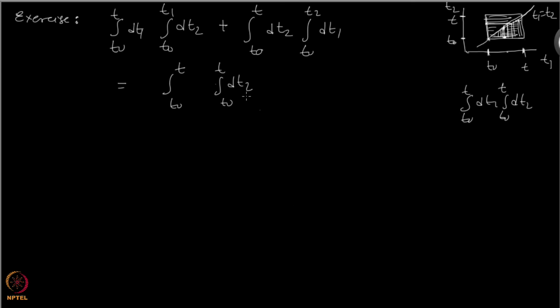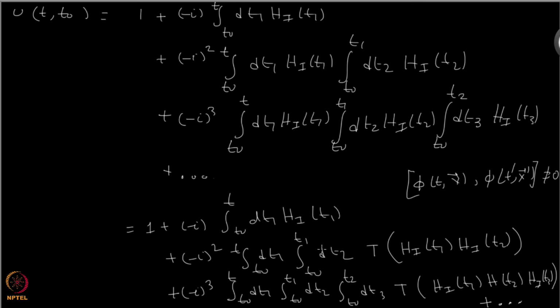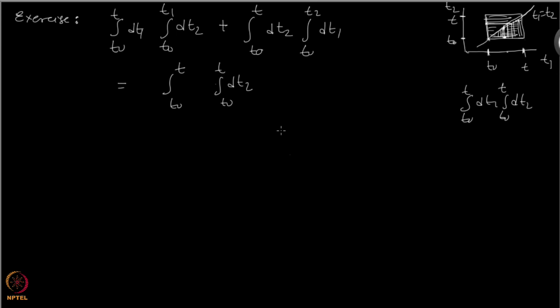Now, what I have got in this expression here is one of those regions, right? This is one of the regions which I have written, but it comes with a time order product of these two h. So what I do is I write here hi of t1, hi of t2 time order product, and here also a time order product of hi of t2, hi of t1.